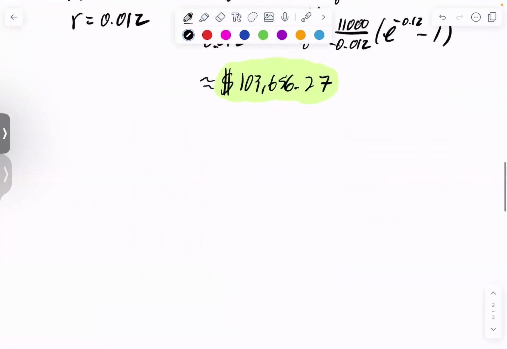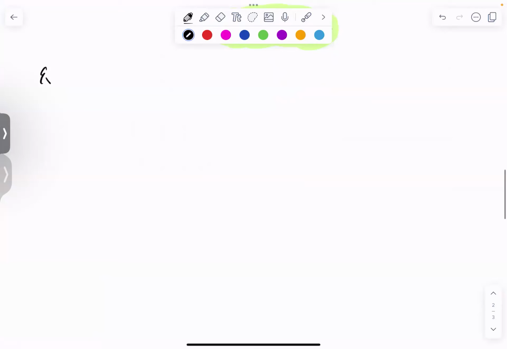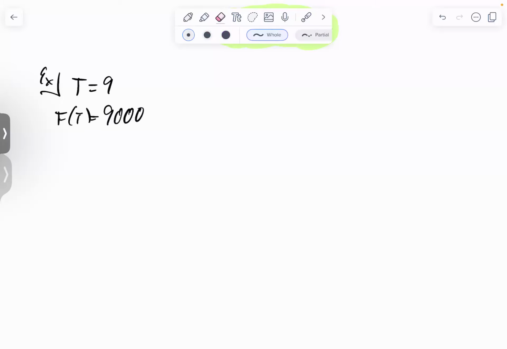In our last example, a company is considering expanding their production capabilities with a new machine that costs $78,000. It has a projected lifespan of 9 years. So there's my T I'm going to compare to. They estimate that the increased production it will provide is about $9,000 per year of additional income.